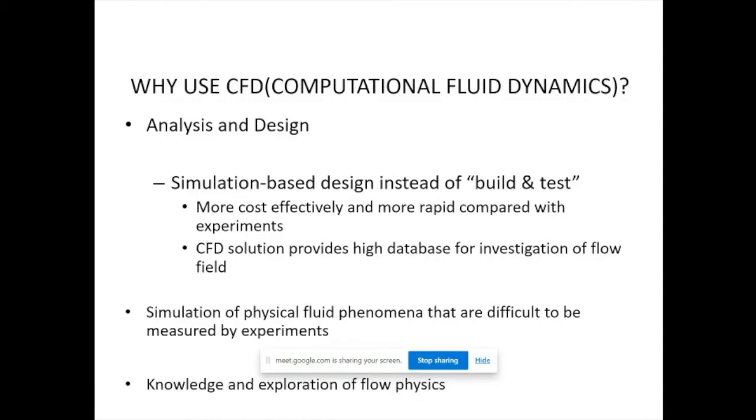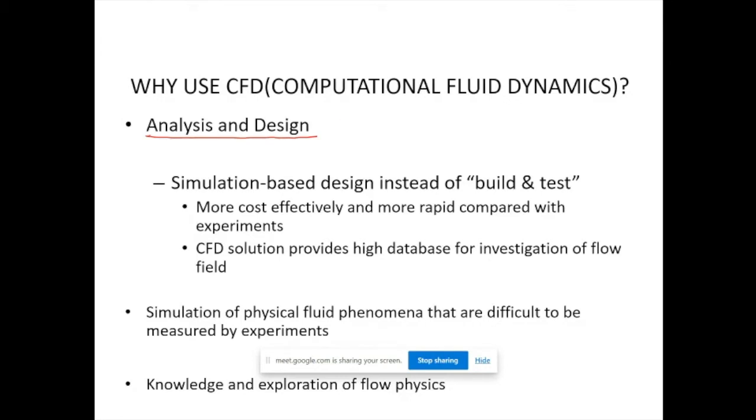Now, why do we use CFD? Although we have a well-defined experimental facility, where we do model testing, the advantage CFD has here is that we can analyze and design the thing. That is the first thing where we use CFD, for designing and analyzing your product.